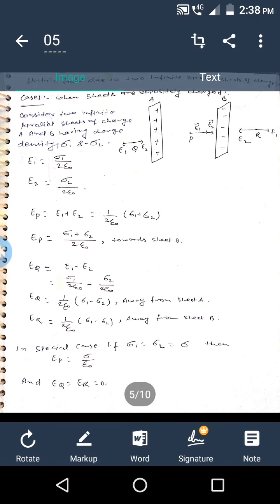Now at point P, the electric fields due to the first sheet and the second sheet are both along the right side. That's why the electric field at point P is the vector sum of the fields due to the first sheet and the second sheet, that is E1 plus E2.